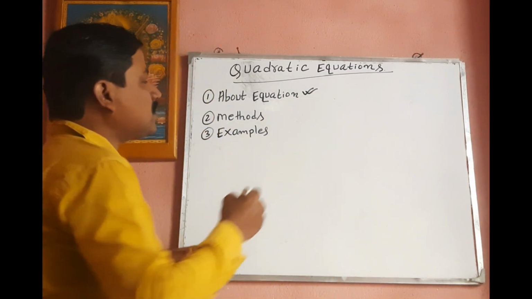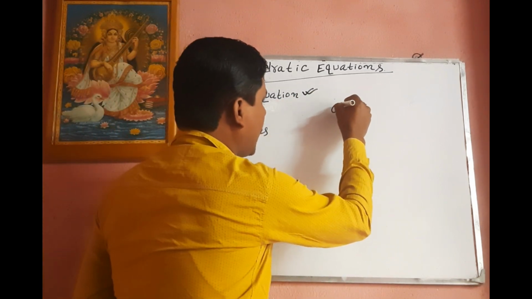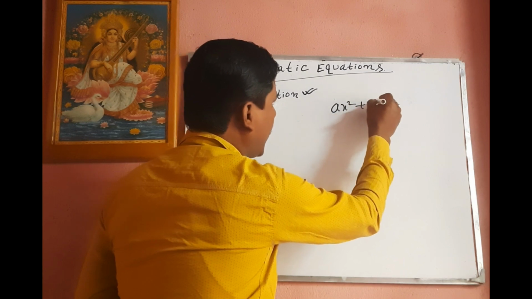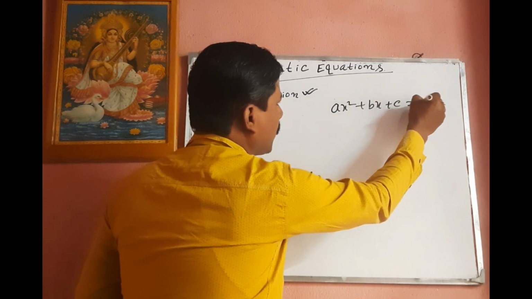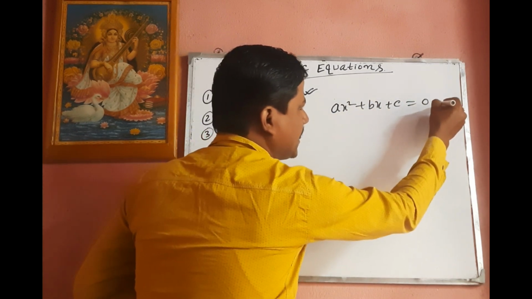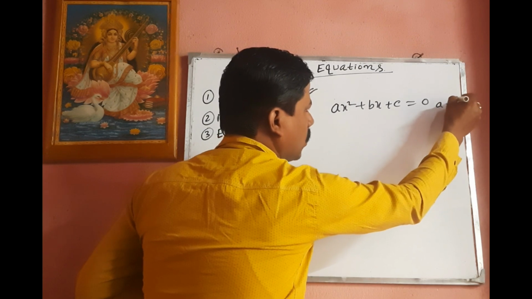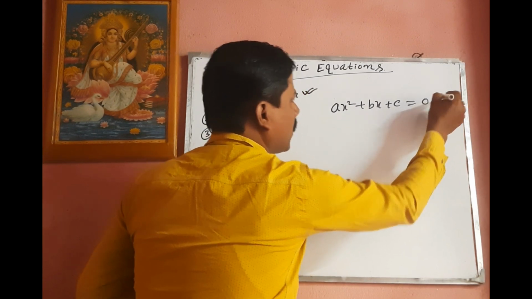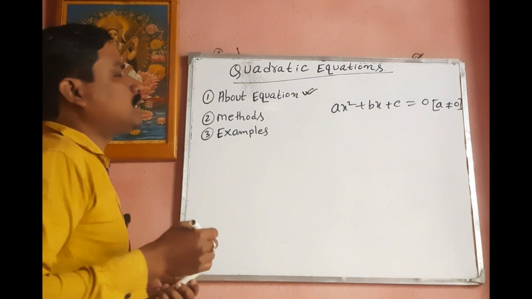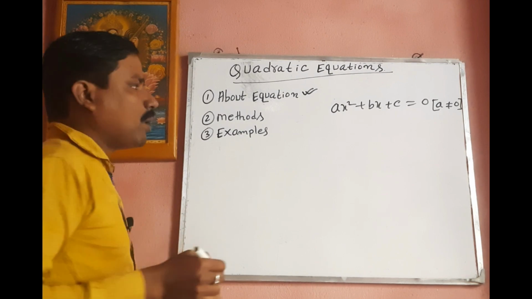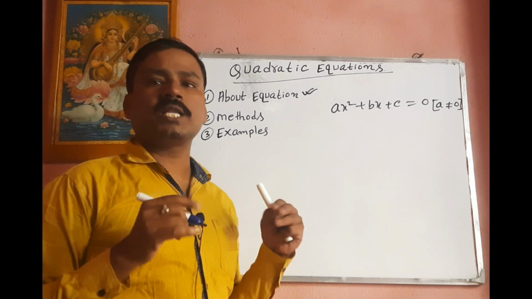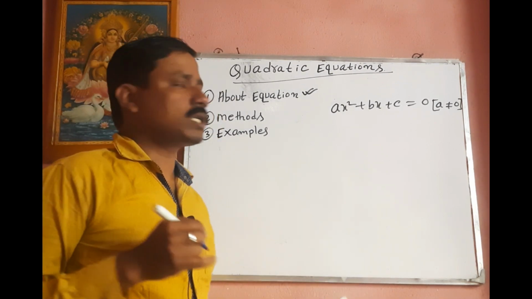About the equations: suppose ax square plus bx plus c is equal to 0, where a is not equal to 0, is the quadratic equation in one variable, where a, b, c are given constants.